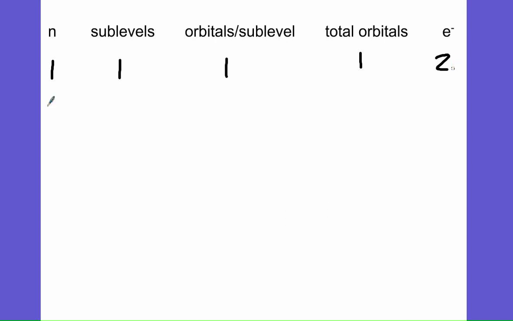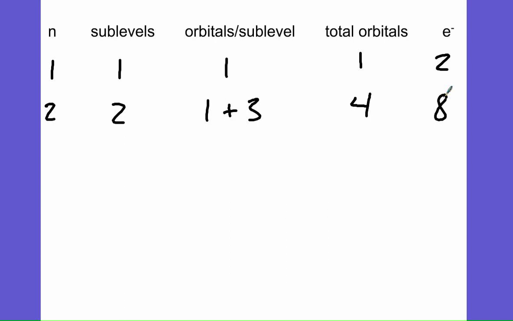If I go to n equals 2, now I have 2 sublevels, S and P, right? The original S had 1 orbital, but P has 3 orientations, so there are 3 orbitals. So my total orbitals for my second energy level is 4, and I can double that again to know that there are 8 electrons in that second energy level.